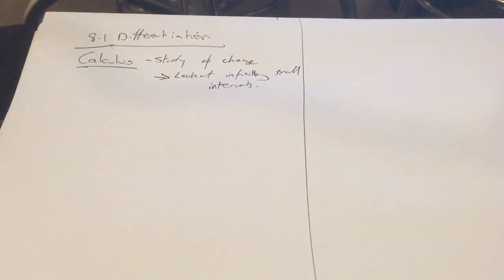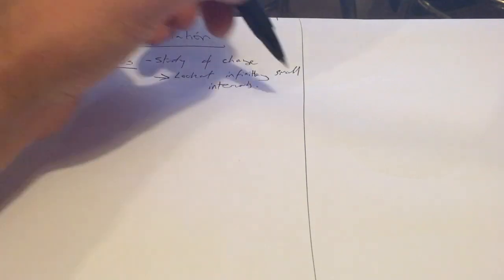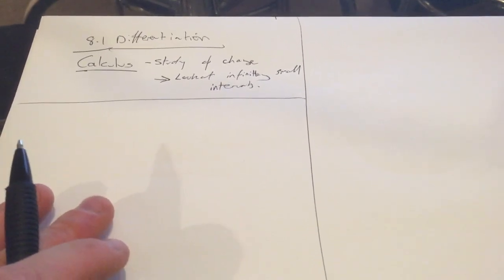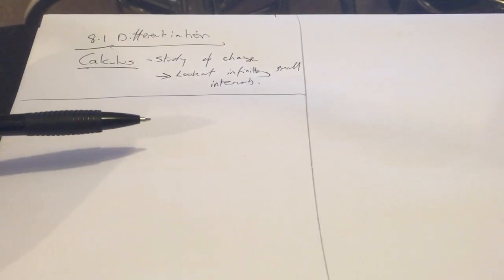We can use it to work out gradients, we can use it to work out areas of things, but yeah, very important branch of mathematics. So basically, calculus will let us find the gradient of any function. More importantly, differentiation will let us find the gradient of any function.